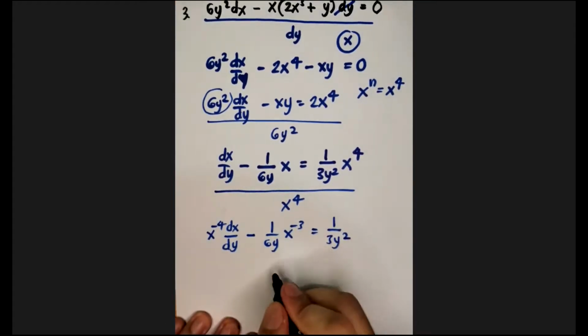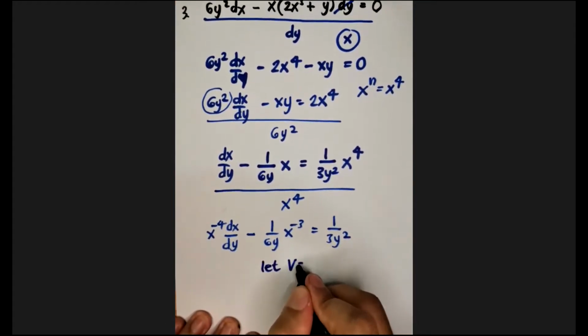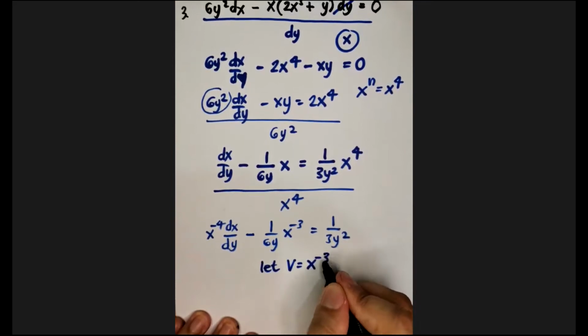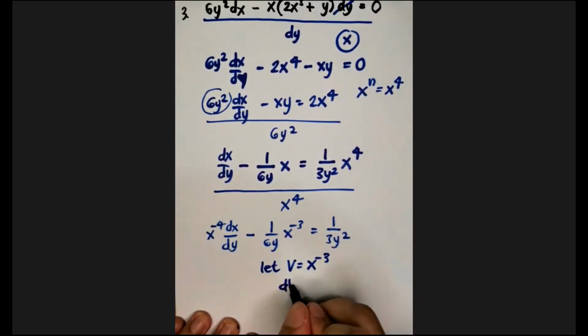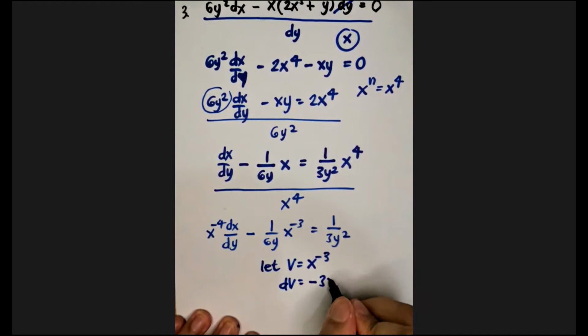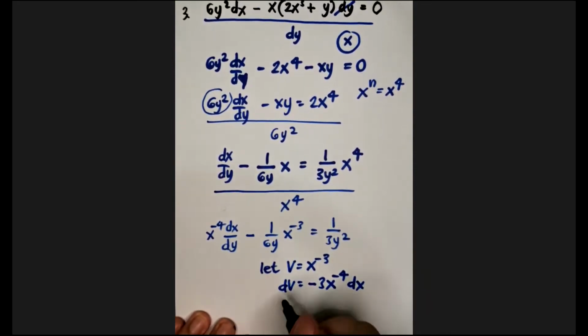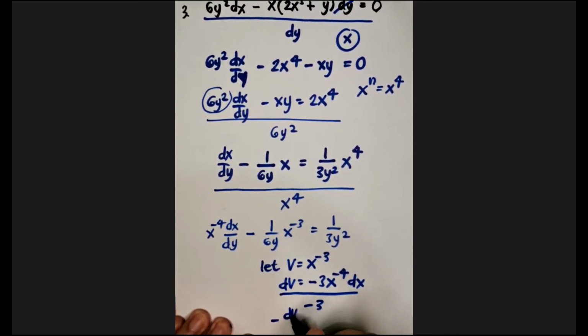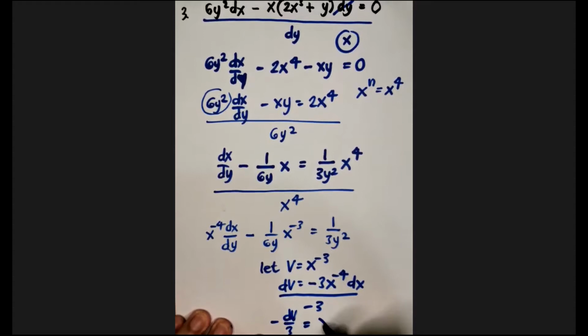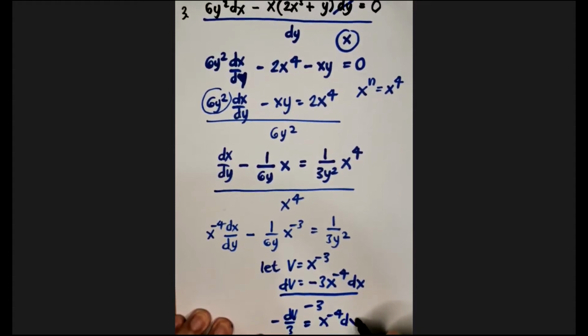Let v is equal to x raised to negative 3. Then we differentiate: dv is equal to negative 3x raised to negative 4 dx. Dividing by negative 3, negative dv over 3 is equal to x raised to negative 4 dx.